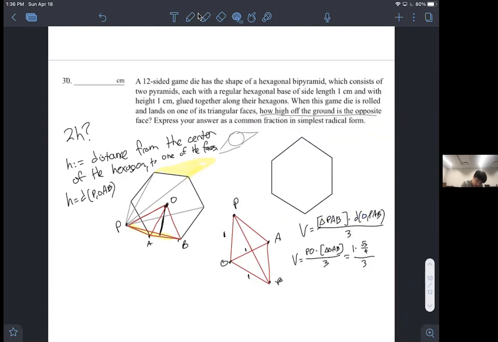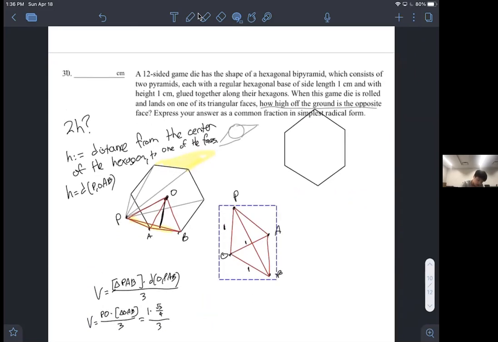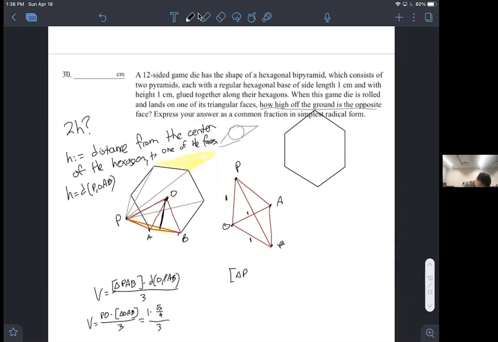So we can write the area of triangle PAB times H, the distance from O to PAB, equals √3/12. Both of these are equal to the volume.